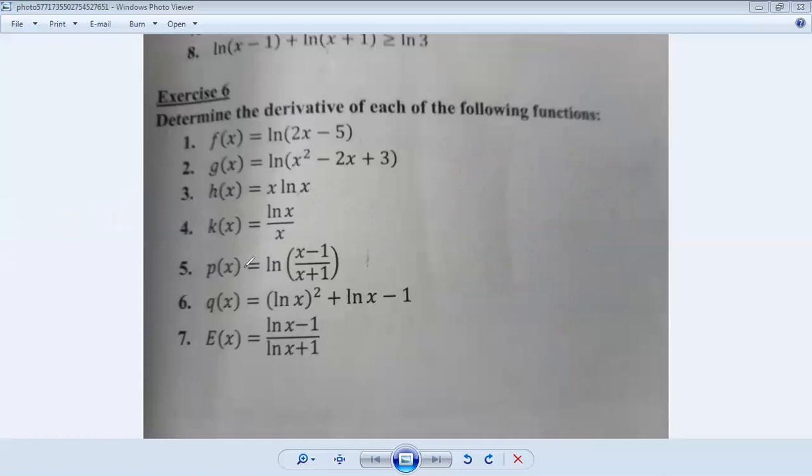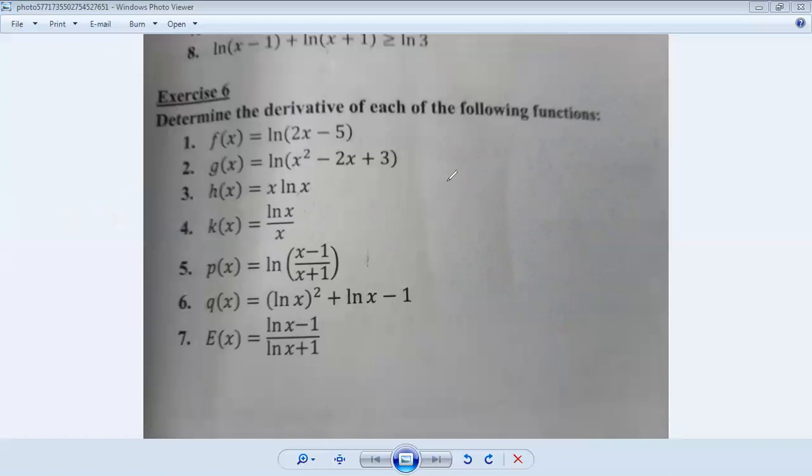So the derivative of k of x, k prime of x, is equal to 1 minus ln x over x squared. Here we have t of x equal to ln of x minus 1 over x plus 1. We have two rules in the same function: ln of u, which is u prime over u, and the quotient rule, u prime v minus v prime u over v squared.